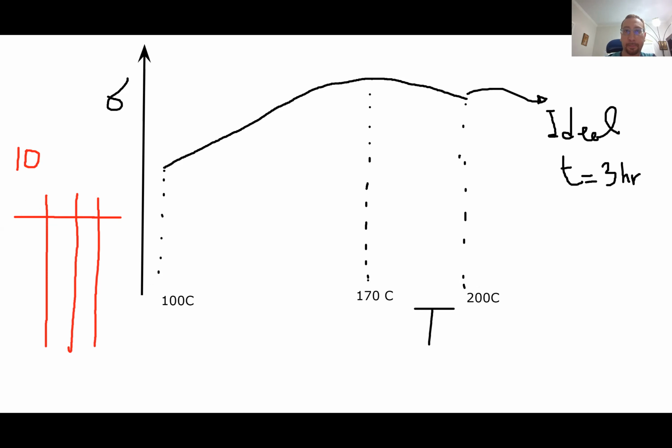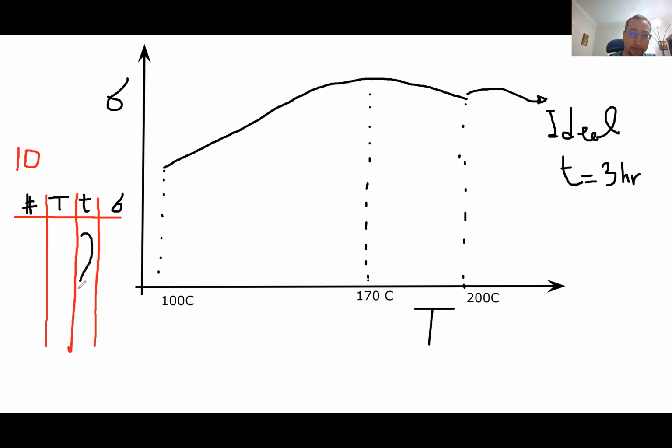Sorry, my axis just went away. In all of them, the first one is the sample number, the second one is temperature, the third one is duration, and the fourth one is strength. In this axis, I put a giant question mark because in my real experiments that I'm going to show with blue, I don't know that.